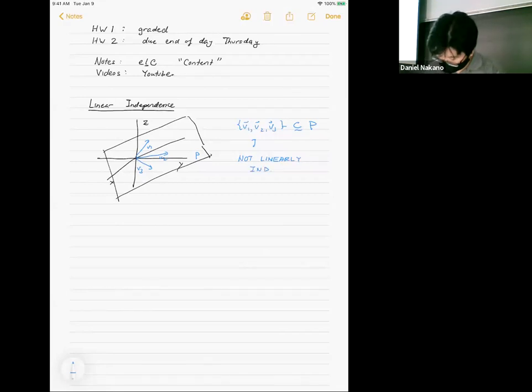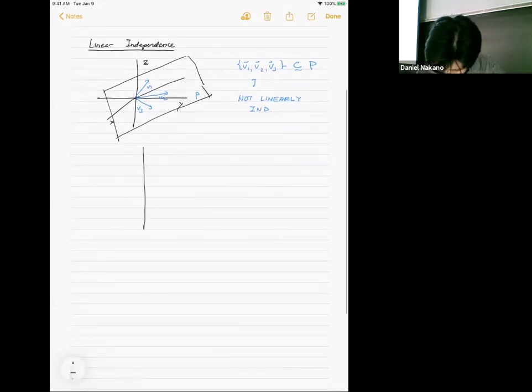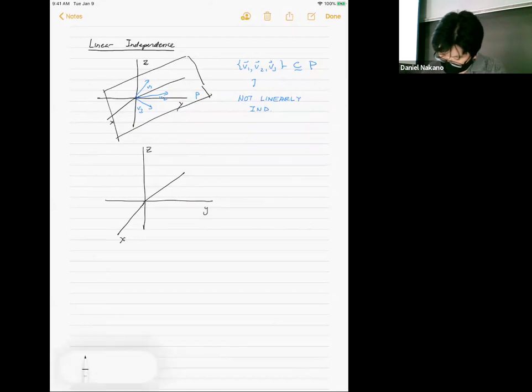Okay. Now, on the other hand, what I can do is I can take a set of vectors in 3-space again, and let's say the vectors are not in the same plane. Okay?